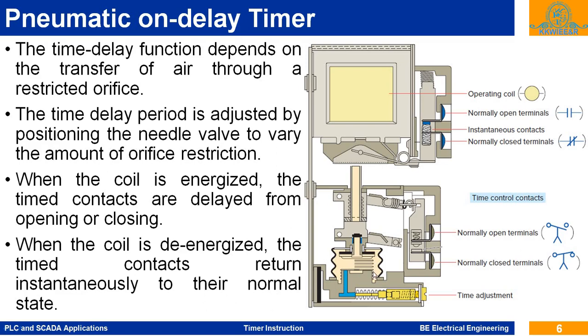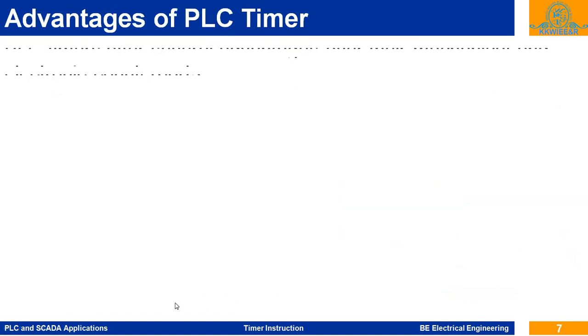If airflow is less, the timing will be more. Based on that, we can set the delay on this pneumatic portion or on this pneumatic changeover contact, or auxiliary contact. And these instantaneous contacts will change their state with the operation of this electric coil.